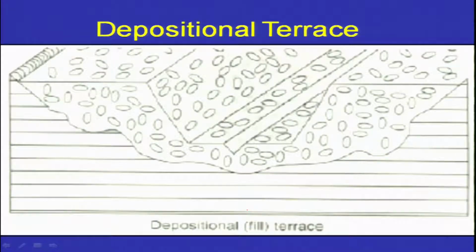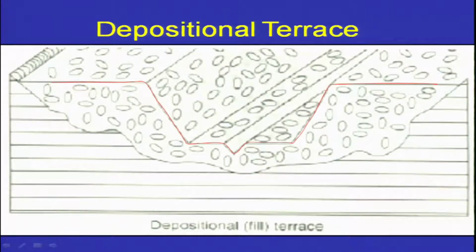We also term this as channel fill or valley fill terraces. So this is the channel boundary, which has incised the bedrock, but then it got filled up and again incised. So this is the terrace step, this is the escarpment, and this is your valley floor.